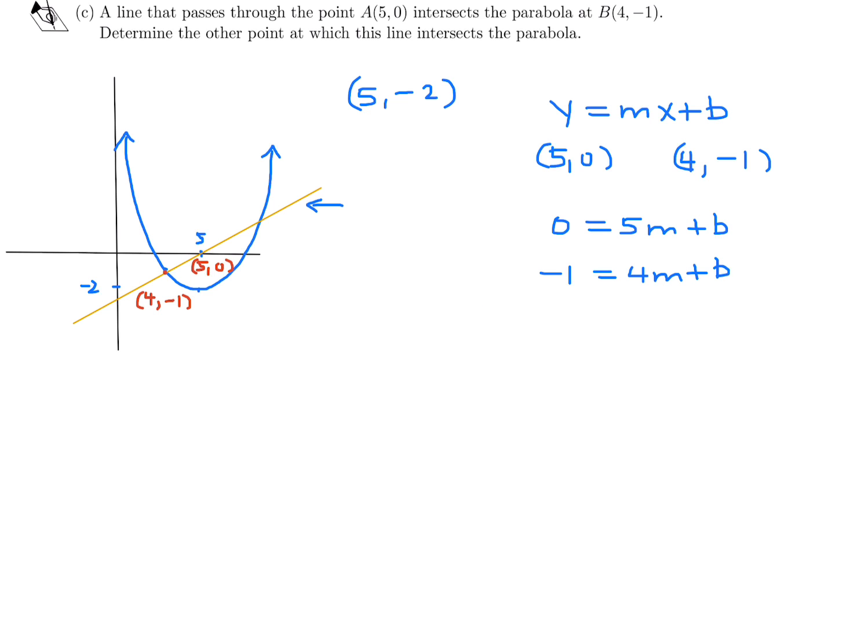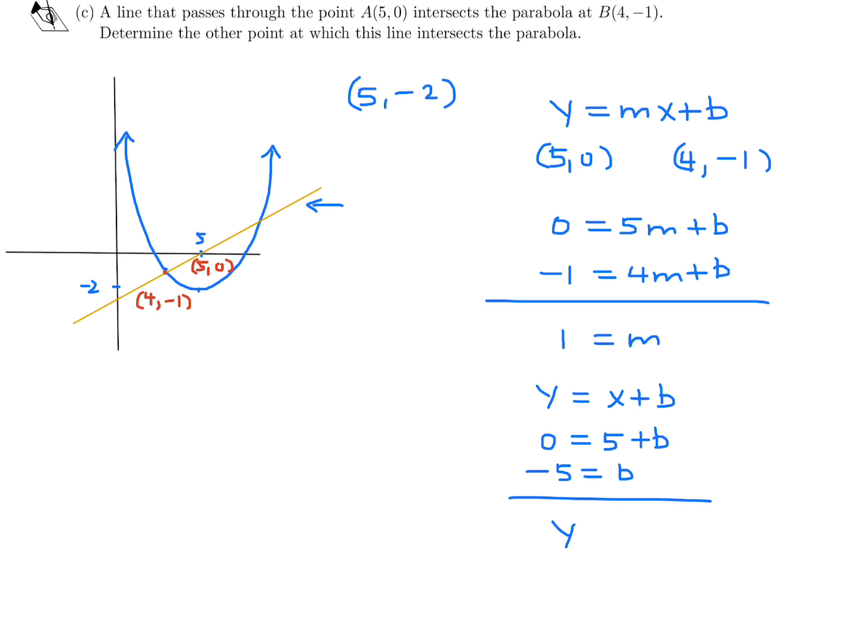All right, subtracting these two equations will give me m is equal to 1. All right, straightforward. Substitute that back into here. That means that y is equal to x plus b. And then finally, any of these points will give me the value for b. If I substitute (5, 0), I'll get 0 is equal to 5 plus b. And therefore, b is equal to negative 5.